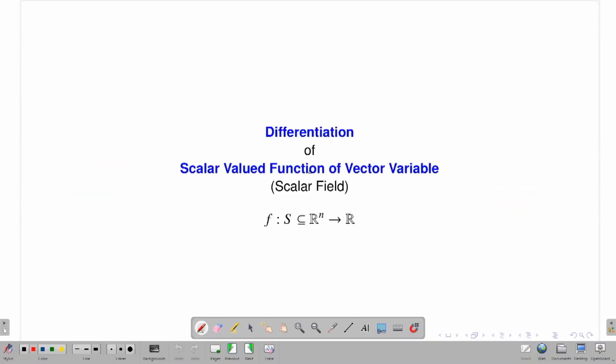Okay. So, till now whatever I have discussed is the notions of partial derivatives and directional derivatives, and whether there are any connections between existence of partial derivatives and continuity, existence of directional derivatives and continuity.